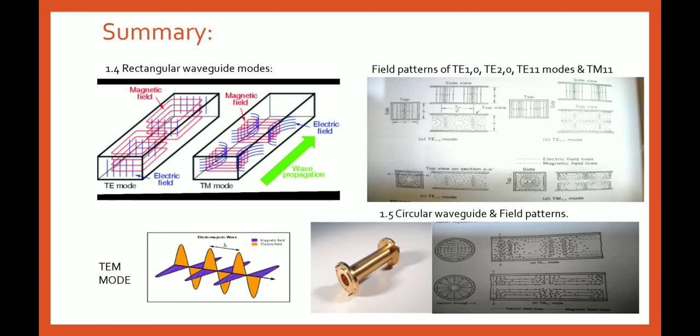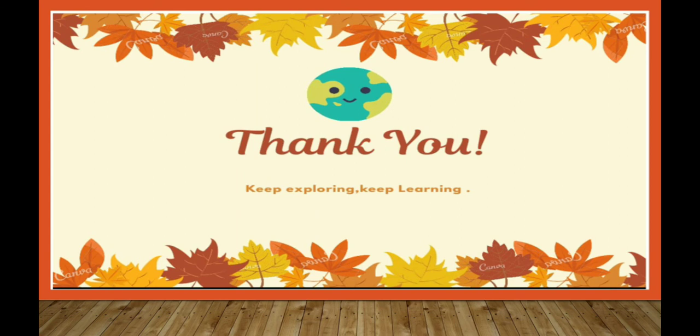Then we saw the circular waveguide, its advantages, disadvantages, the cutoff frequency for the circular waveguide, and the field patterns of the circular waveguide, and at last we compared the two, rectangular and circular waveguide. So that's it. Thank you very much for watching.